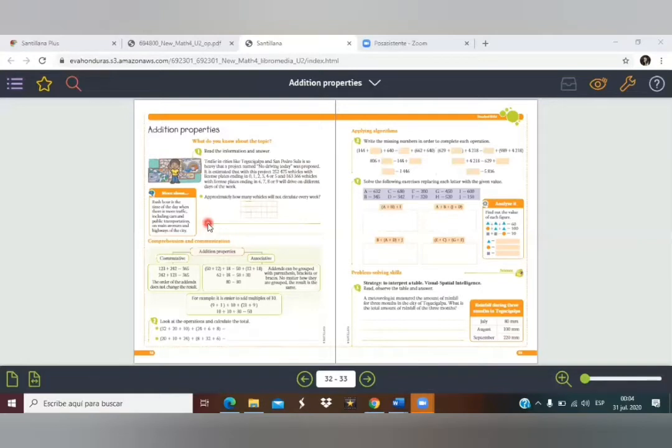I'm going to write only the answer because I can write the little numbers here, right? So, okay, this is the correct answer, boys and girls.